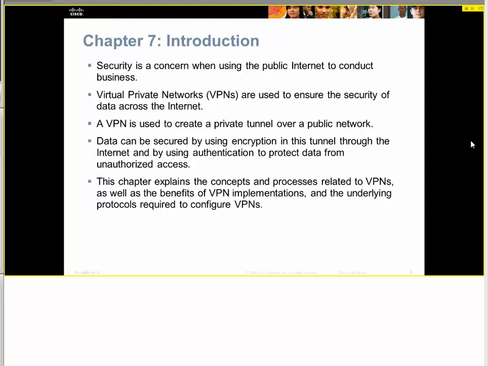But since the packet is protected by encryption and integrity, authentication, and anti-replay, anybody who intercepts the packet basically gets nothing out of it. It's extremely protected from unauthorized access. So that's what we're going to look at in this chapter. We're going to look at how do VPNs actually work and how do they actually behave.